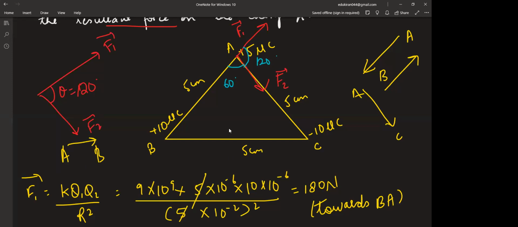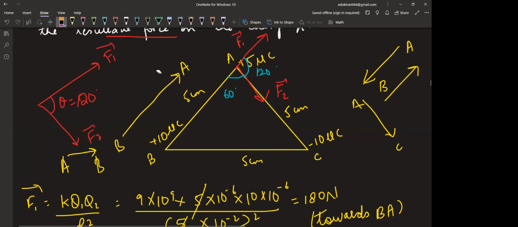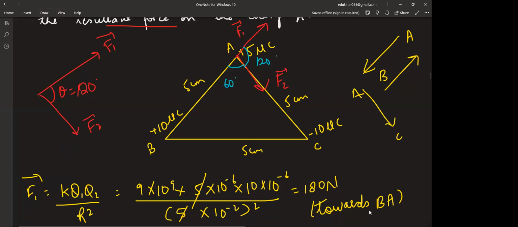So that's why I've written towards BA. Towards BA means this direction, from B to A. In the exam also, you have to write the direction while calculating in between like this only, towards AB, or you can write along BA. Instead of writing towards B, you can write along BA or along AB. That will be fine. Yes, ma'am.